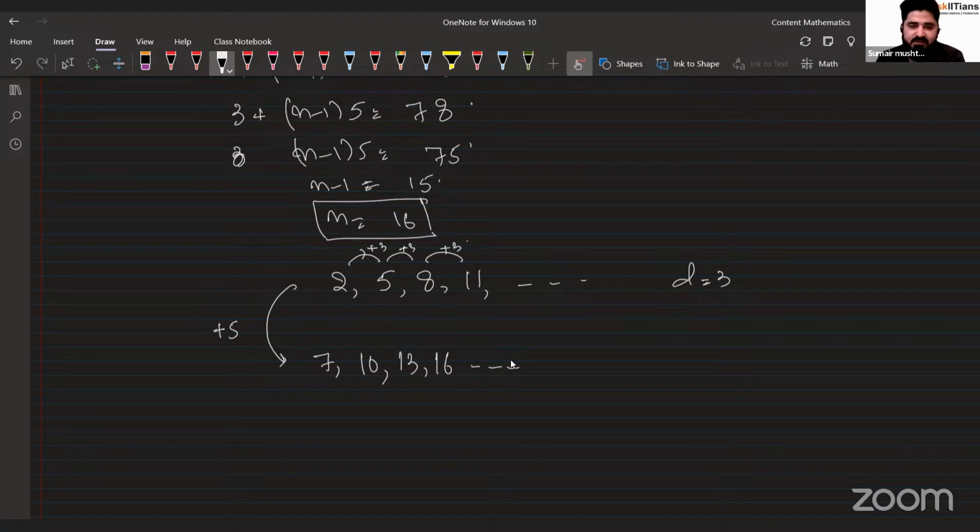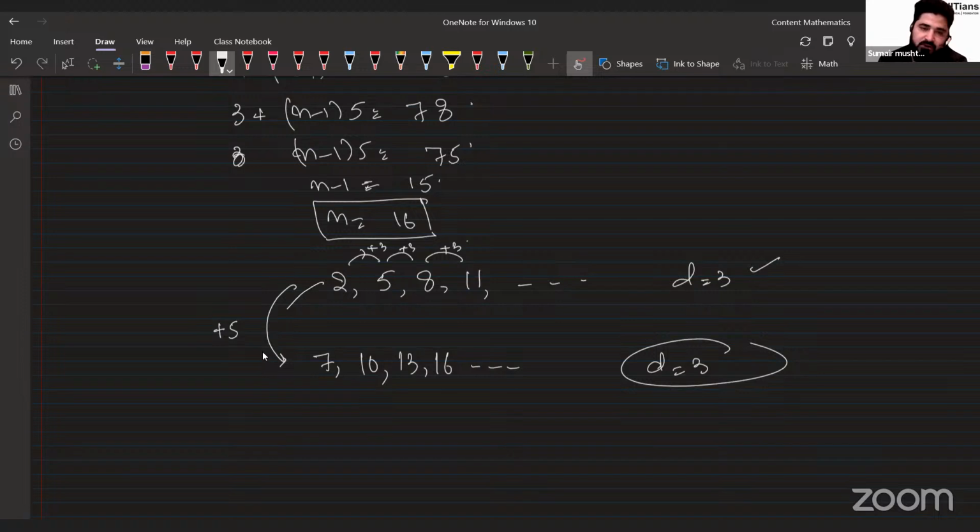If you check, the common difference is again the same. So it will not make any impact on the progression. This can come as an objective type MCQ. If we add any constant to an AP, the common difference will remain the same.